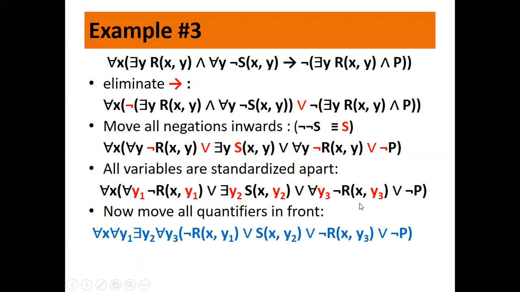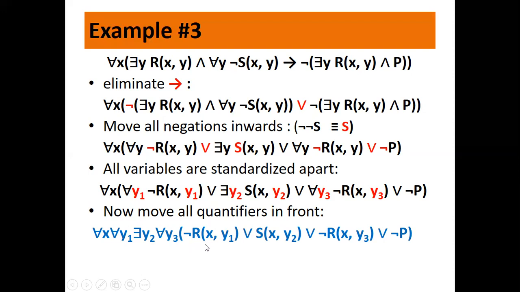After standardizing the variables, now what? Now move all the quantifiers in front. So when you move all the quantifiers, it is for all X, for all Y1, there exists Y2, and for all Y3. All quantifiers are moved ahead, and then you have the rest of the formula, right?